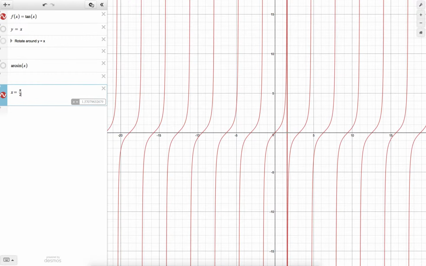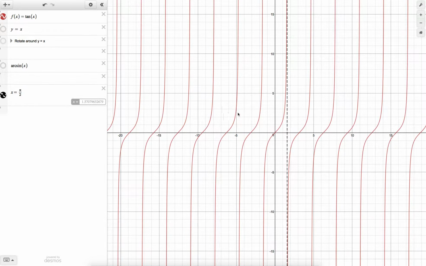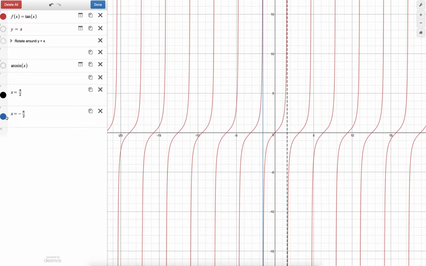Let's go ahead and change this around, and make this a dashed line. We can see that there's a vertical asymptote at pi over 2, and there's also a vertical asymptote at x equals negative pi over 2.